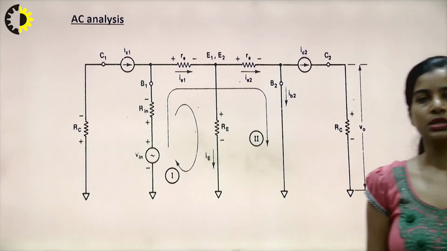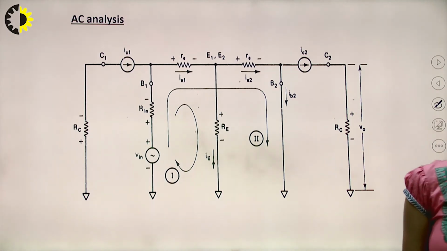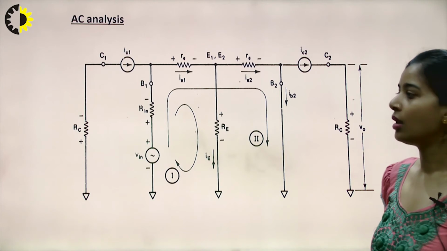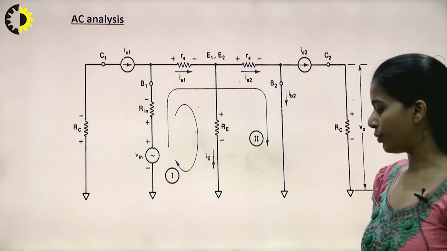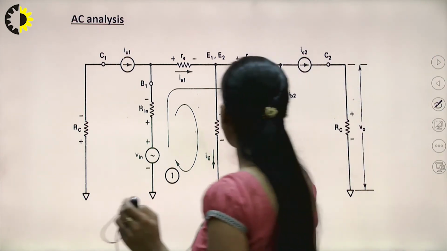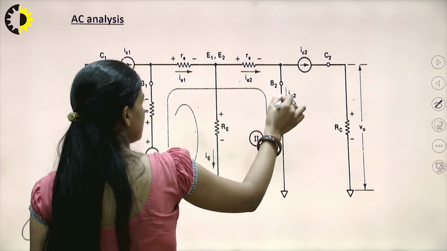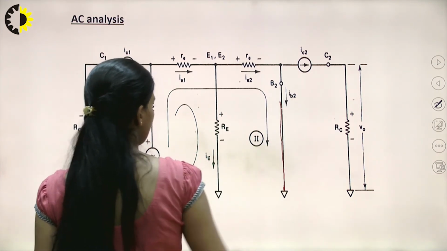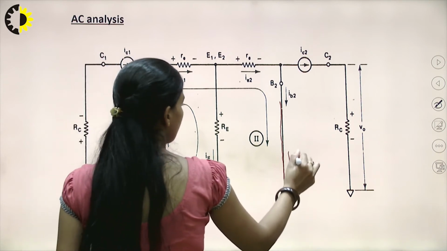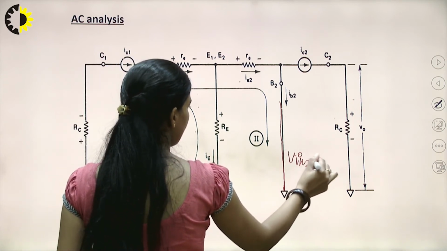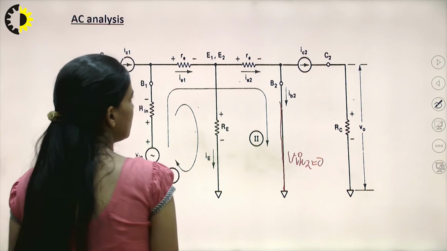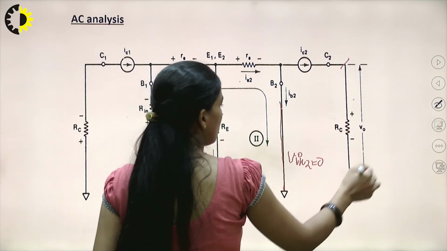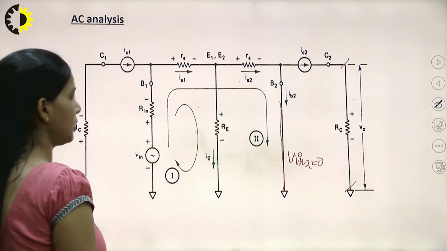AC analysis of this circuit will have differences at both the output and the input, because here in the branch B2, that is the base of transistor 2, the input voltage is not there, and the output that we are measuring is between collector 2 and ground.